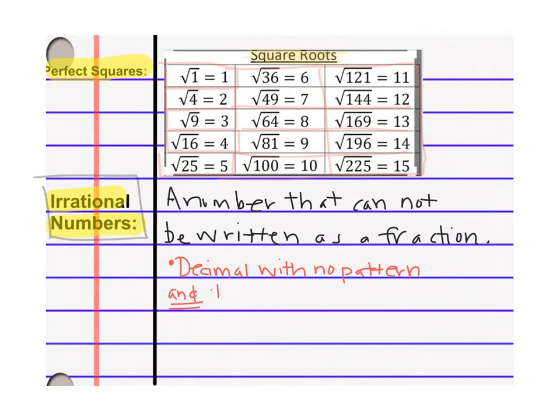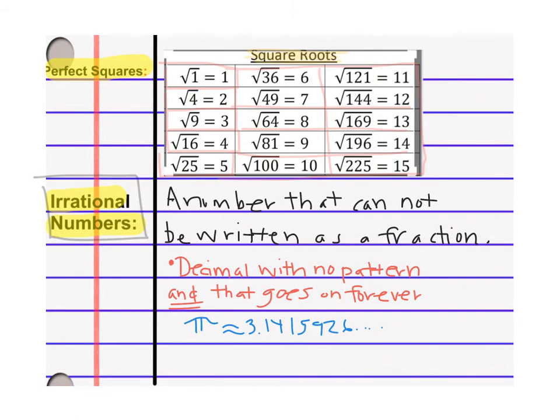It has to be both: no pattern, and it goes on forever. A very common example that you may have heard of for an irrational number is pi. That is 3.1415926, and that goes on forever with no repeating pattern. So that would be an irrational number.